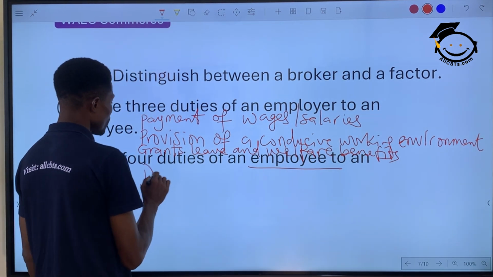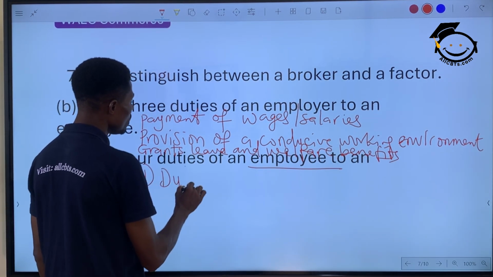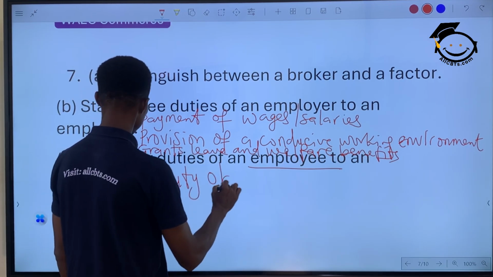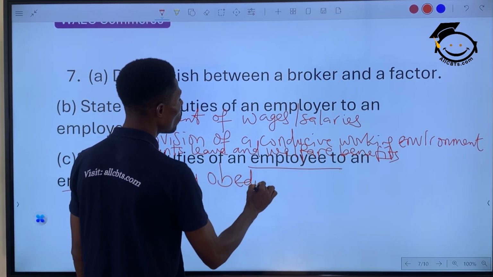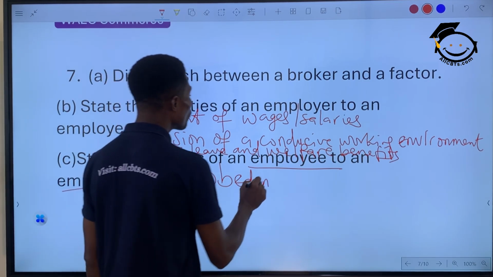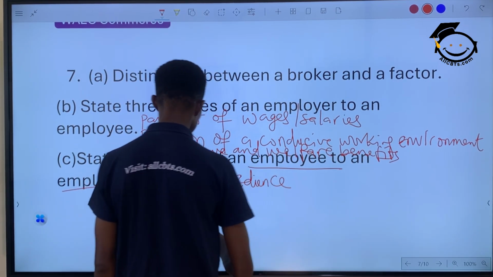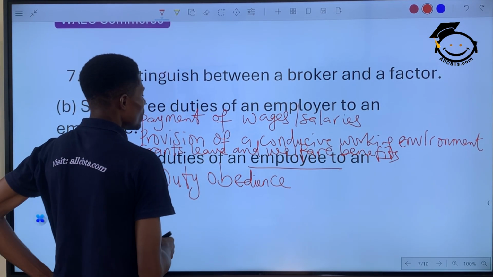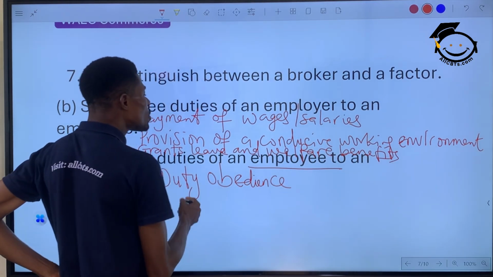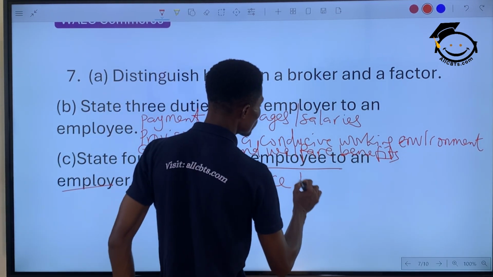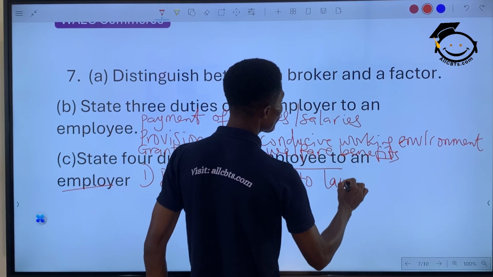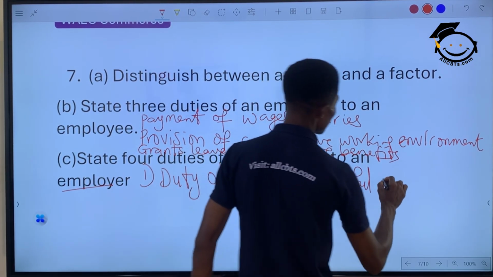First duty is what we call duty of obedience. He must obey every lawful instruction given by the employer.